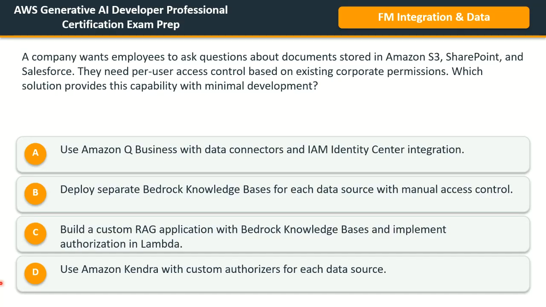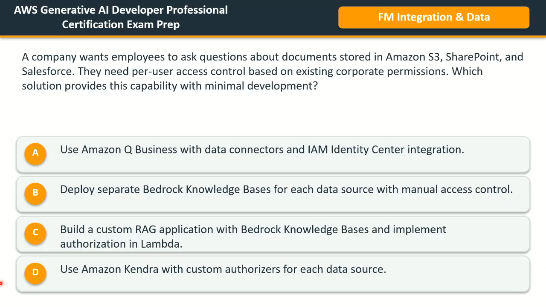Here's why the other answer options are wrong. Option B creates multiple knowledge bases. That adds operational complexity and still does not automatically enforce source permissions. Option C builds custom authorization. That is a high development effort and easy to get wrong. Option D uses Kendra with custom authorizers.